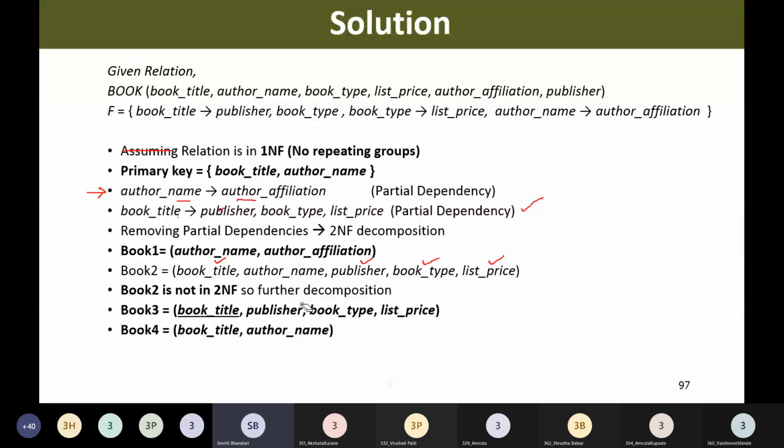So book 4 consists of book title and author name. Author name remained along with the primary key book title of book 3. So we now have this new relation book 4 with two attributes, book title and author name.